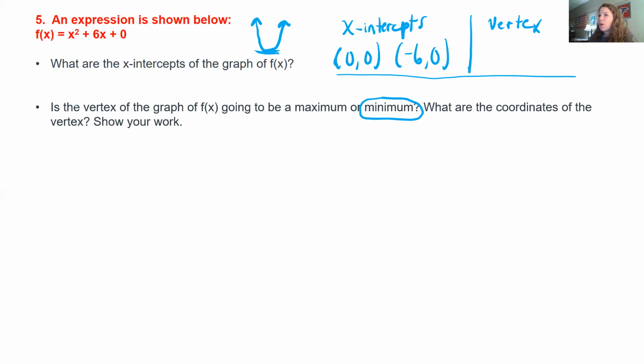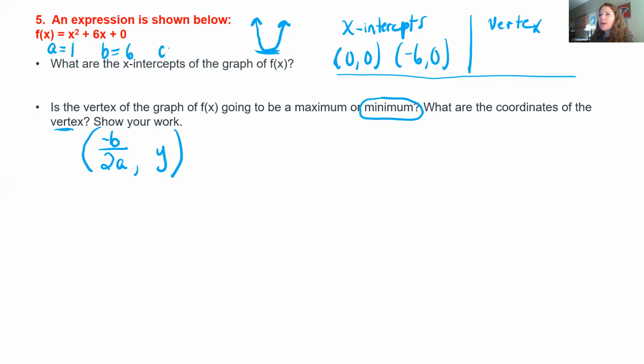So now it wants to know what is the vertex? What are the coordinates? So do you remember that little formula? The formula is -b over 2a. That's the x value. And then to find the y value, you plug in that x value into your equation. So our leading coefficient is a. So a is 1. B is always multiplied by x to the first power.